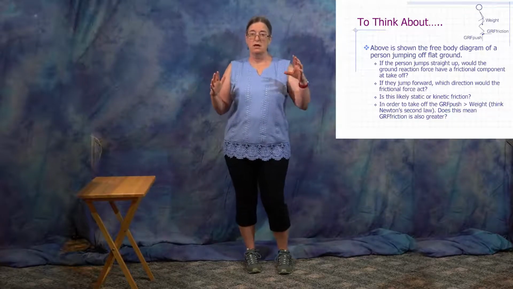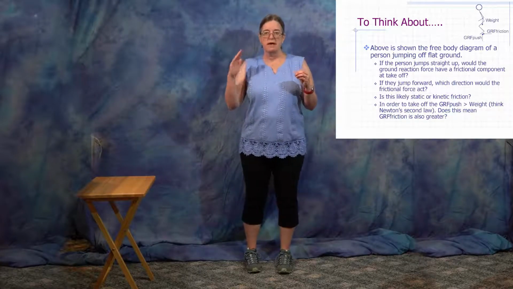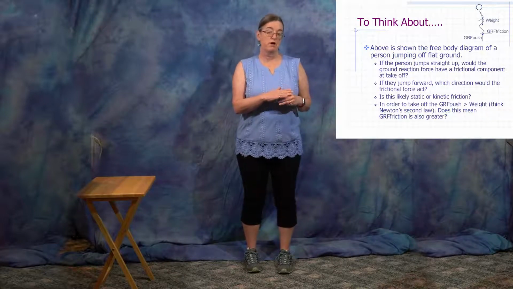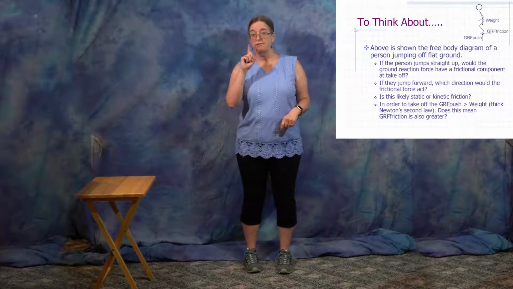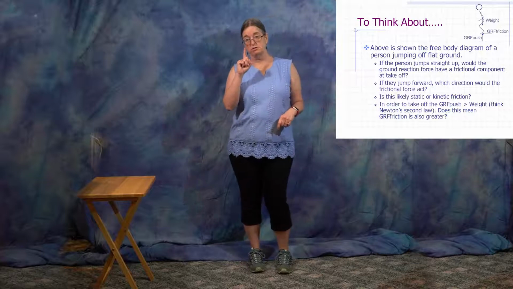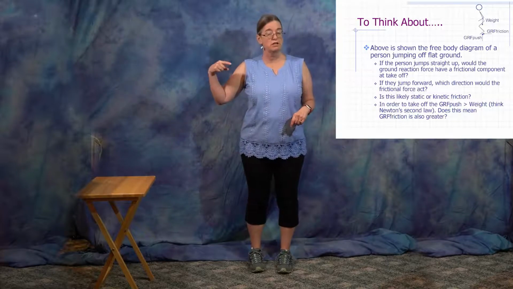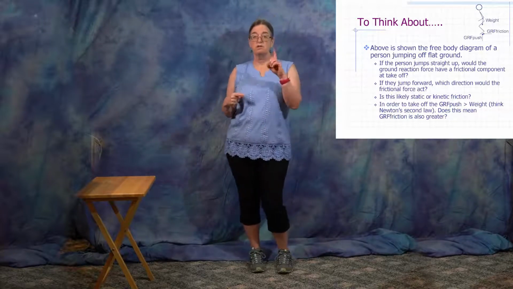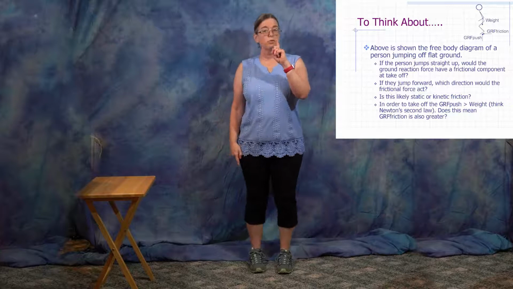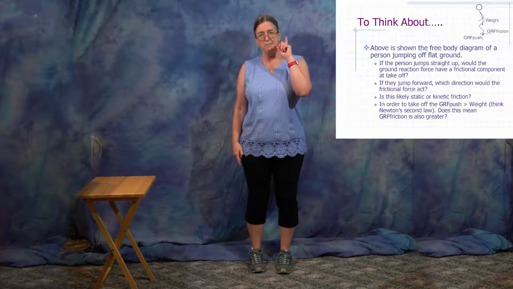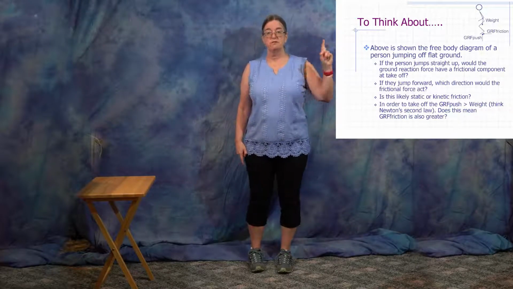Let's think about it. Force equals mass times acceleration. So if we have an acceleration in the horizontal direction, then we need to have a force in the horizontal direction. If we have no acceleration in the horizontal direction, if we go straight up and straight down, there was no force, there's no acceleration in the horizontal direction, which means at that point there was no frictional component of the ground reaction force.